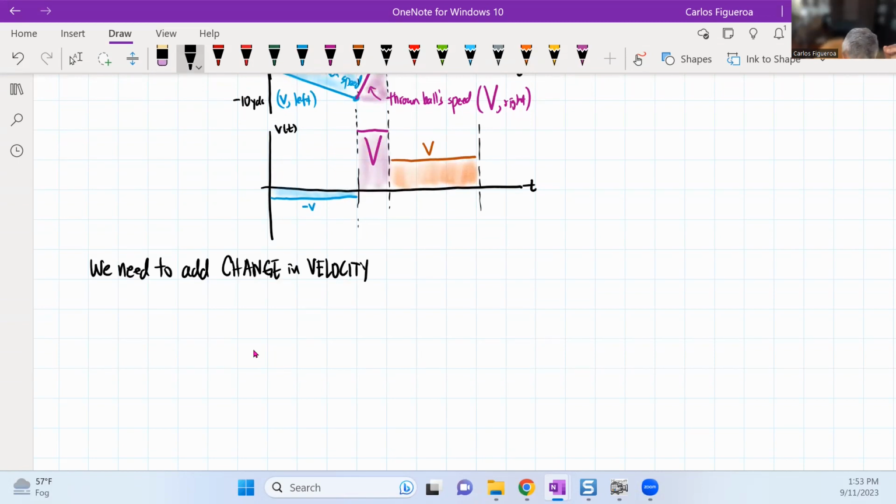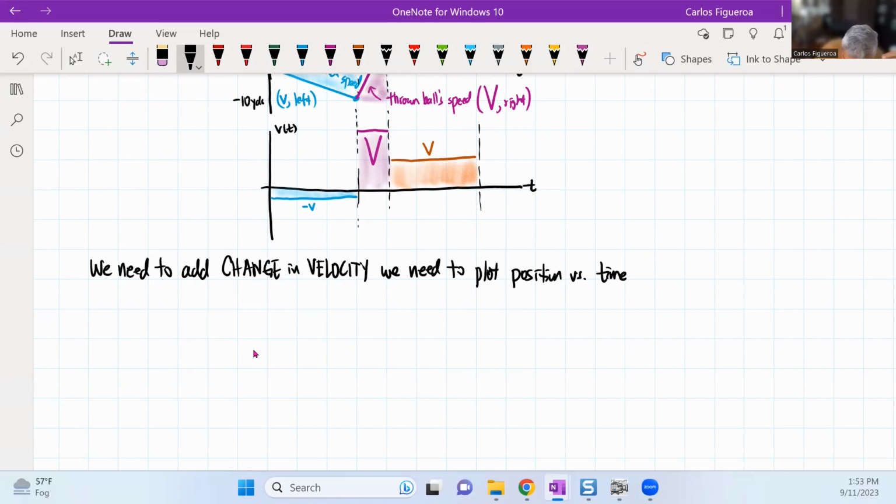So to add change in velocity, we need to plot position versus time for these situations.